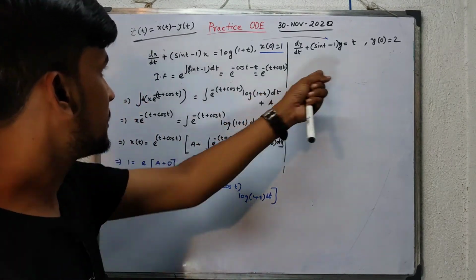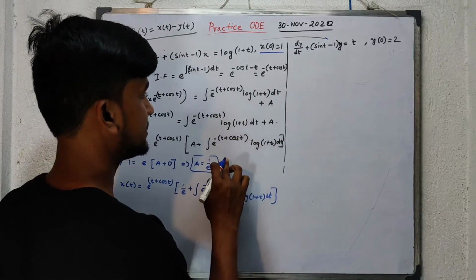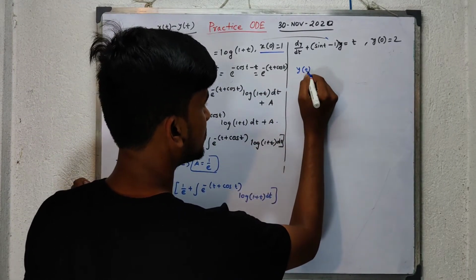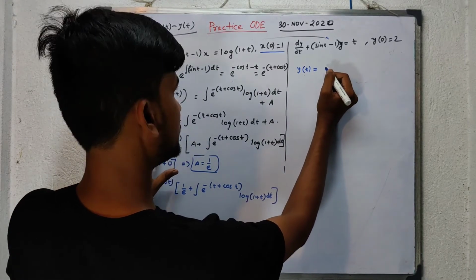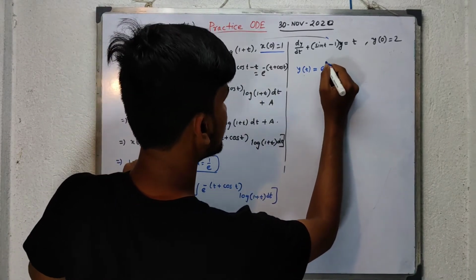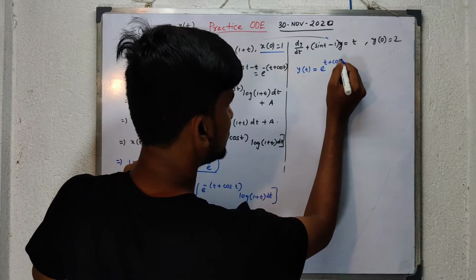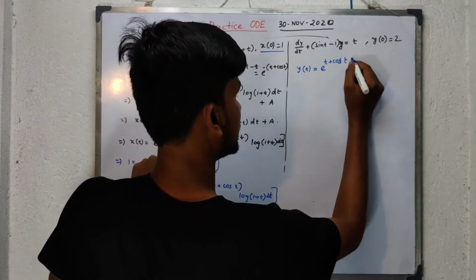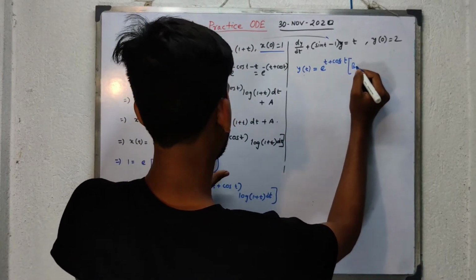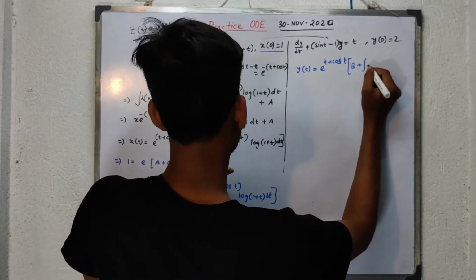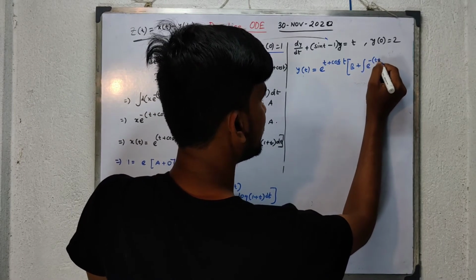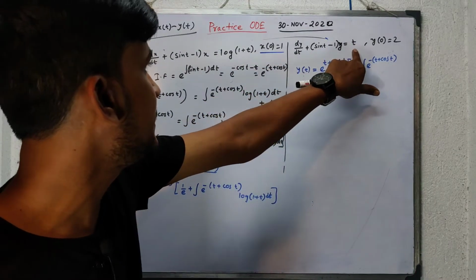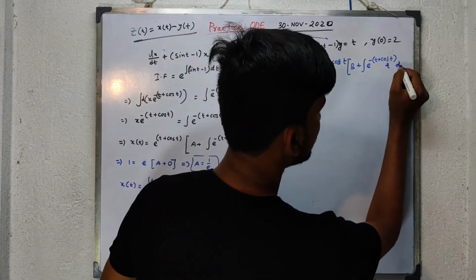Now if we solve y(t) the same way, this is the solution again. So y(t) equals the integrating factor e^(t + cos t) into b plus the integral of e^(-t + cos t) times t dt.